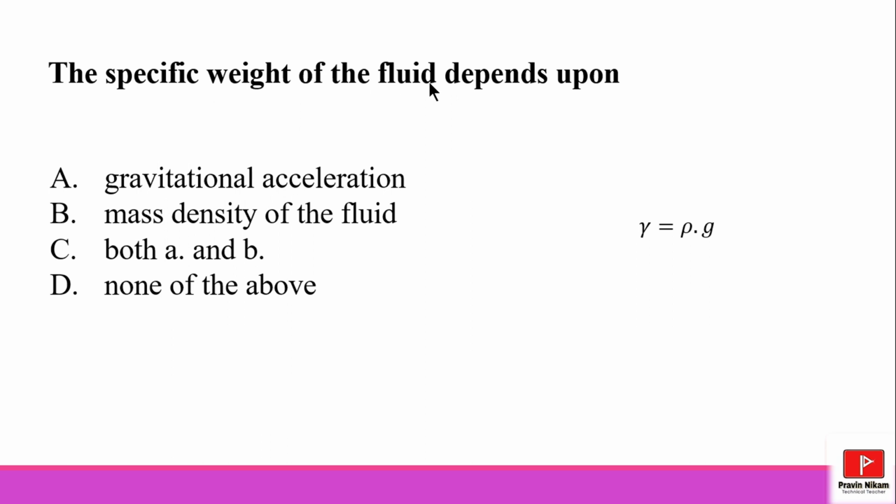That means gamma depends on mass density as well as gravitational acceleration. So here both options are available. So option C is there, both A and B. So the correct option is C.